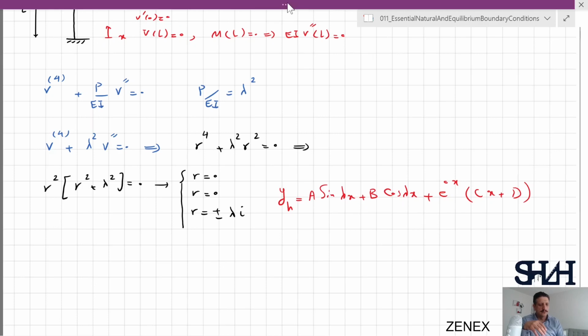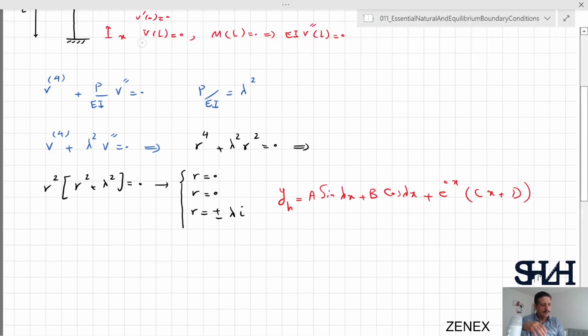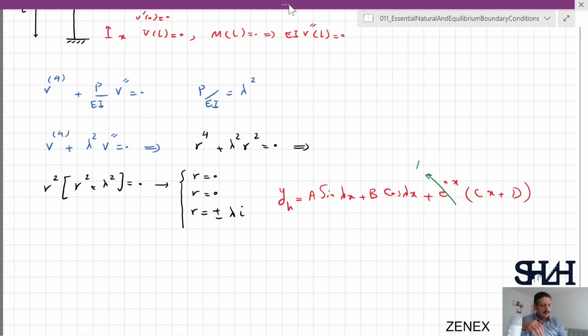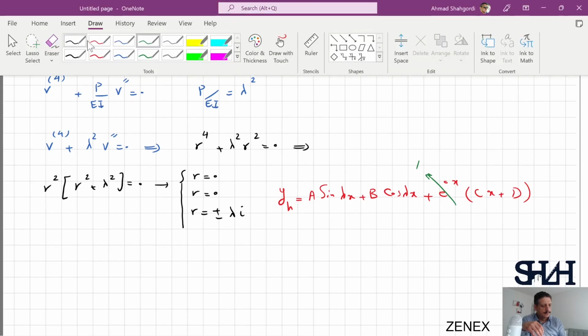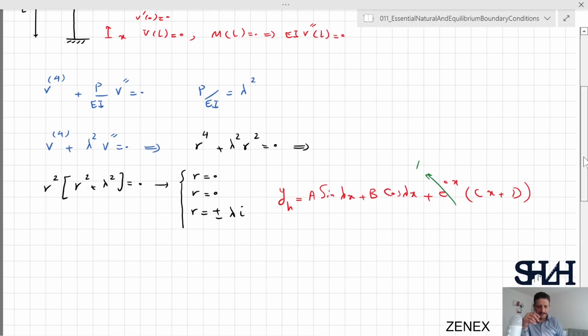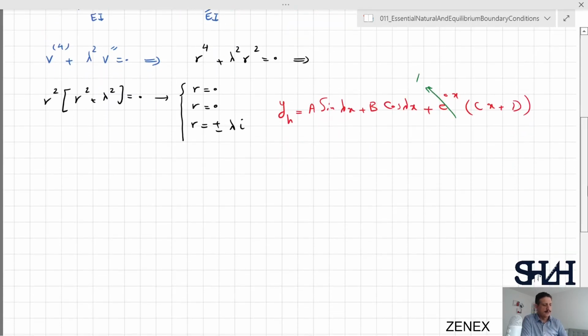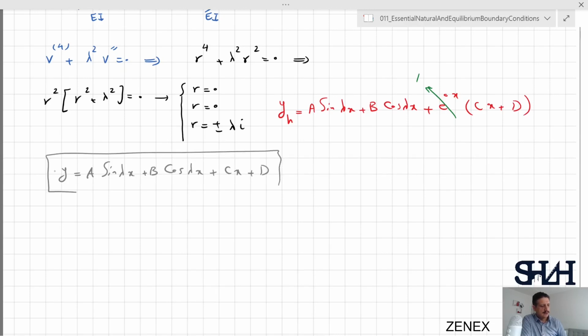You can refer to basic differential equation solutions. As a result, the general form of the solution will be A sin lambda x plus B cos lambda x plus Cx plus D. So it means that regardless of any boundary conditions, we always face this type of equation if there is no other action.